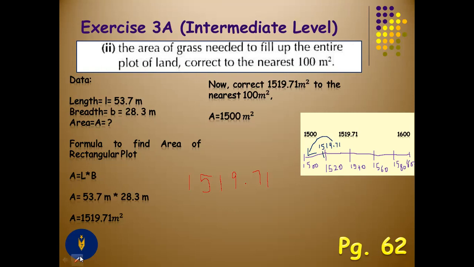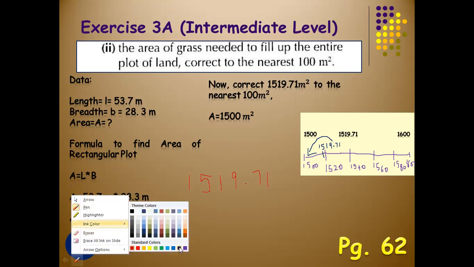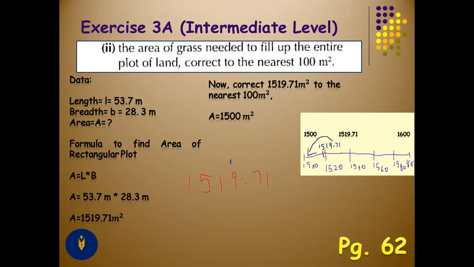Okay, so mark its position like unit, 10, 100, 1000, and you have to correct this value to the nearest 100. So the 100's place digit will be underlined, and the 10's place digit will be circled. The values at 10 and unit places we will easily write as 0.